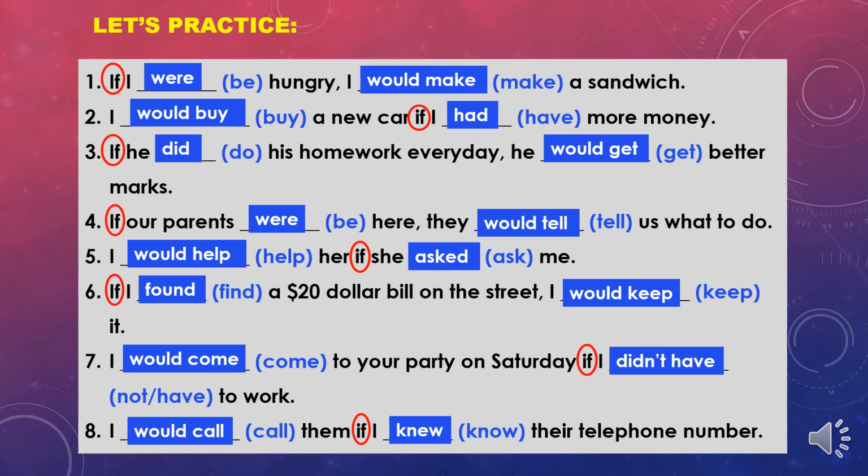Correct. Los llamaría si supiera su número telefónico. Okay? So remember, the key is to find the if clause. Okay? La clave está en encontrar el if. Okay? Tú encuentras el if y ya sabes dónde va el pasado y dónde va el would. Okay? Let's continue.